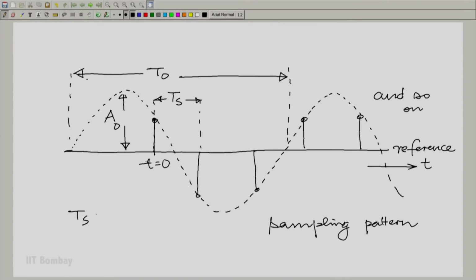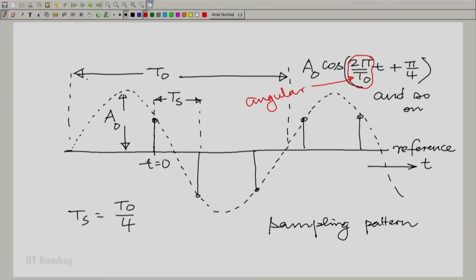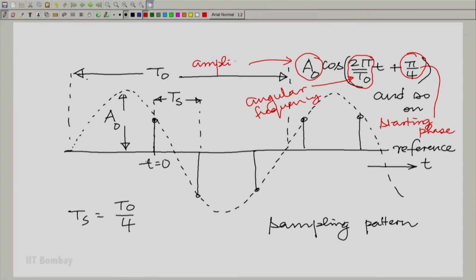So clearly Ts is equal to t naught by 4, and the expression for the sinusoid is clearly A naught cos(2 pi by t naught times t plus pi by 4). This is the angular frequency, and this is what is called the starting phase. This is the amplitude. And we now write down what happens when we miss cycles or miss parts of cycles.